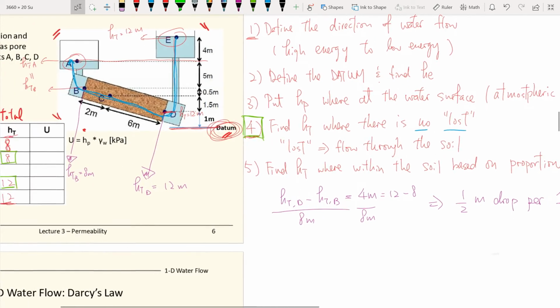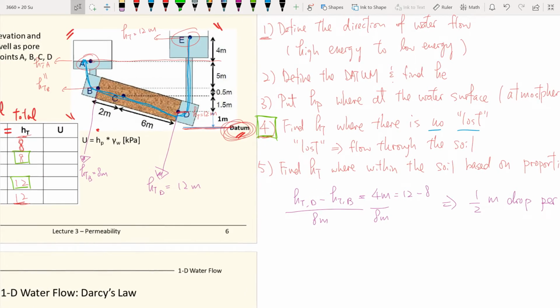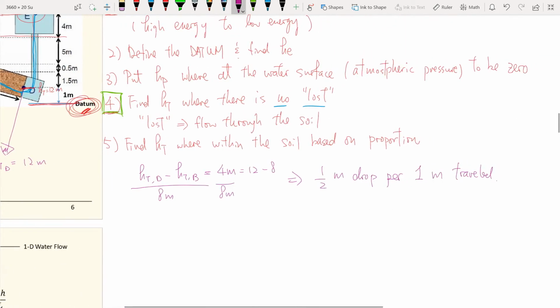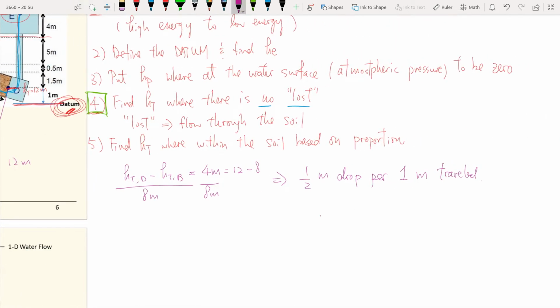So we want to find out the head at pond C, right? To pond C, we travel 6 meters. So according to our calculations here, you drop 1/2 meter per 1 meter of travel.